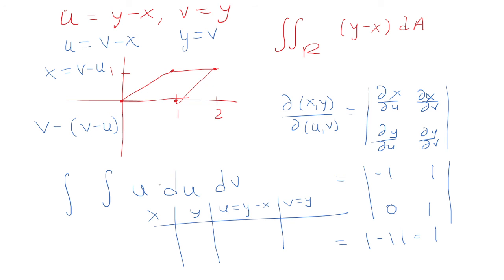Okay, so let's take each point. We said 0, 0 from the parallelogram, 1, 0, 2, 1, and then 1, 1. The u column, we're just going to subtract y and x. And then v is just whatever y is.